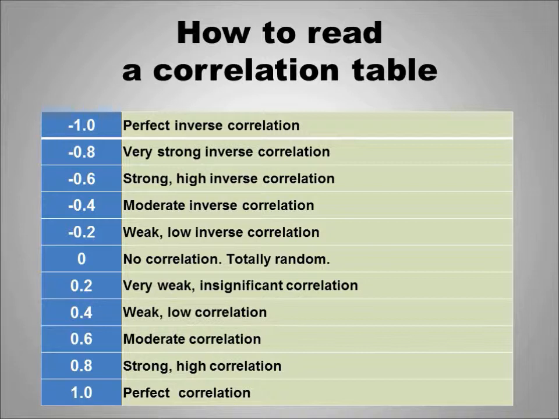Numbers that are closer to 0 means that the relationships are not there. So what we're looking for is anything higher than 0.5, whether positive or negative. So really anything higher than 0.5, there is some sort of relationship present. So keep that in mind.